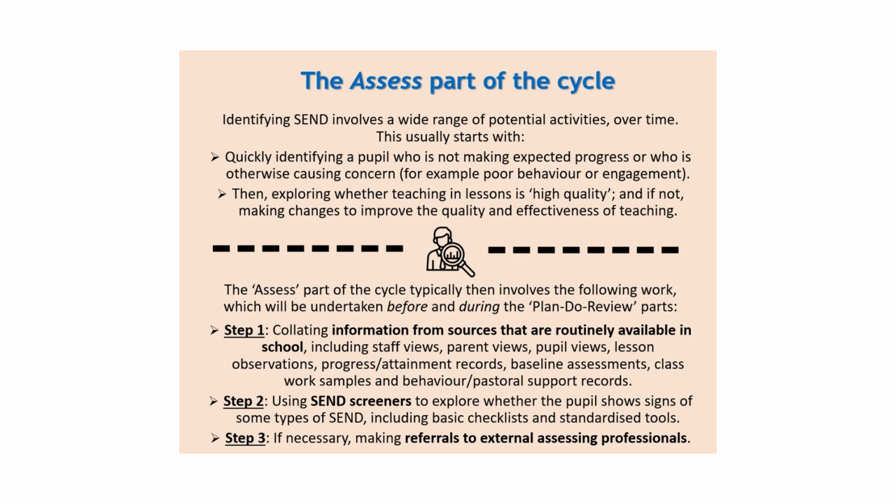Step 2. Using SEND screeners to explore whether the pupil shows signs of some types of SEND, including basic checklists and standardised tools. And step 3, if necessary, making referrals to external assessing professionals.